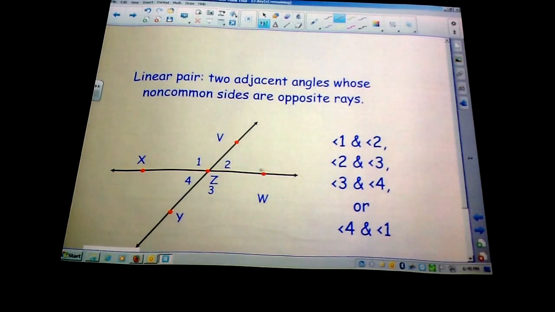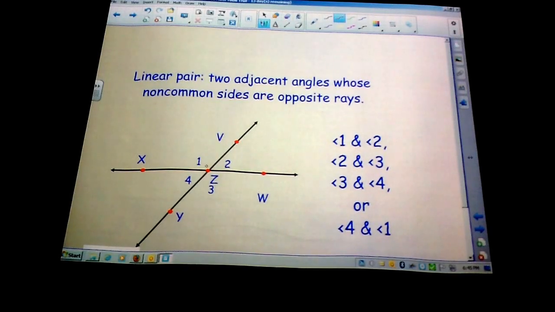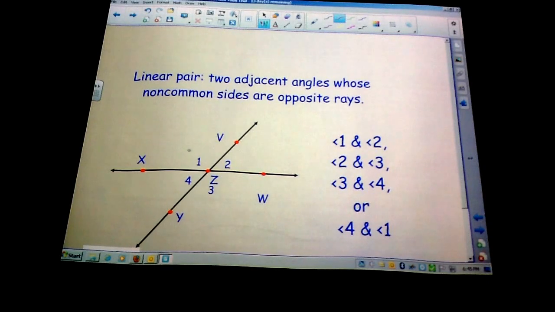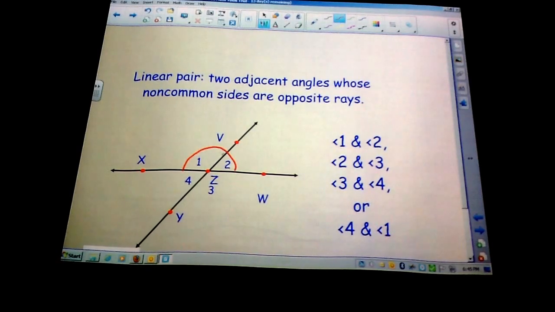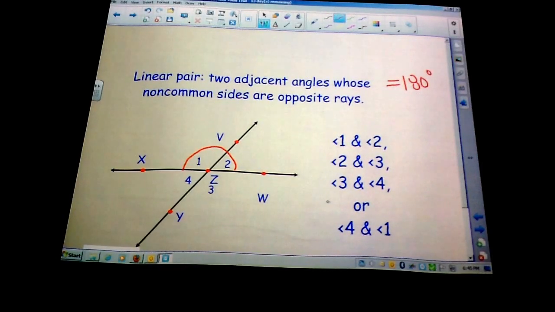So in a linear pair, if I added them together, it would equal the measure of this full angle from the angle addition postulate. The small pieces add up to equal the big piece. So linear pairs are going to equal 180 degrees.